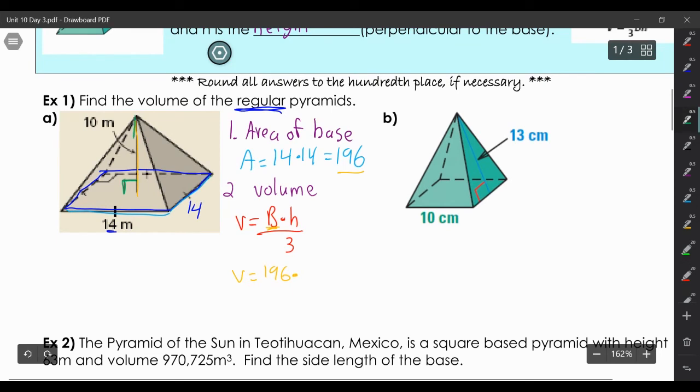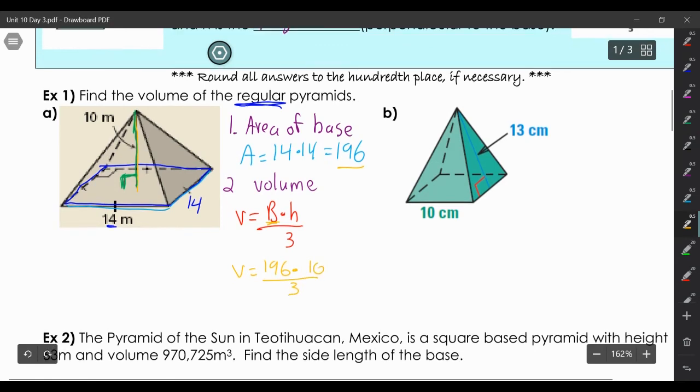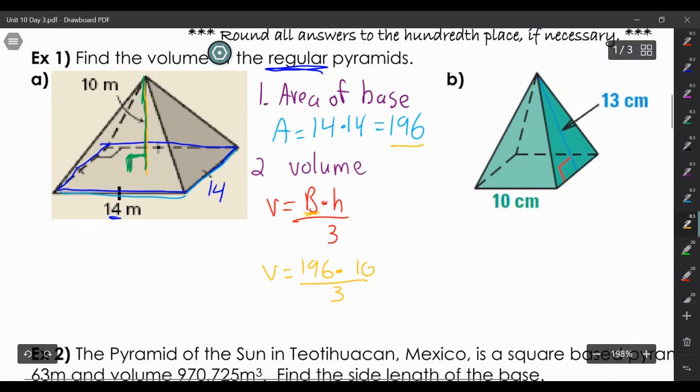So the height goes from the top straight down and forms a right angle. So the height is 10, and we divide by 3. We put that in the calculator, and we get a volume of 653.33 cubic meters. Volume always has the units of cubic units, always.